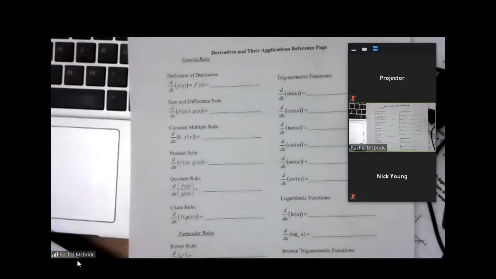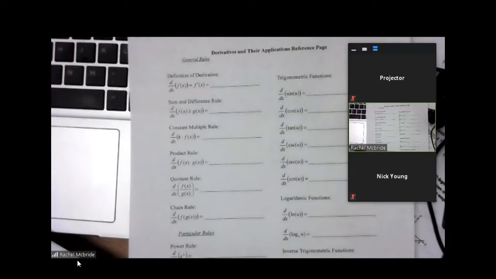So again, the idea is that these are our most basic rules. They're the rules that we need to pretty much know in order to be able to do derivatives.